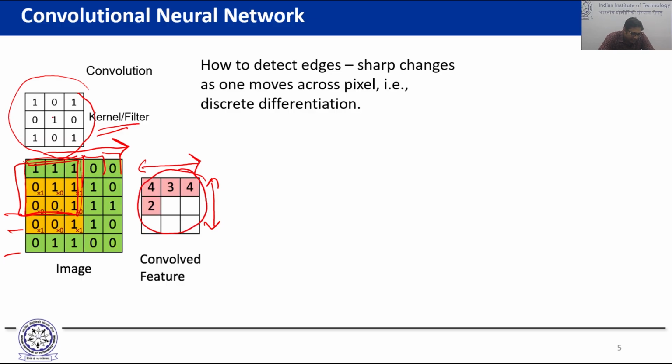As I'm sliding this filter over the microstructure, I'm computing these matrix sums and writing out those values, and that is how I find my convolved feature. So essentially what we are getting is a feature map, and this feature map is going to emphasize certain structural characteristics.